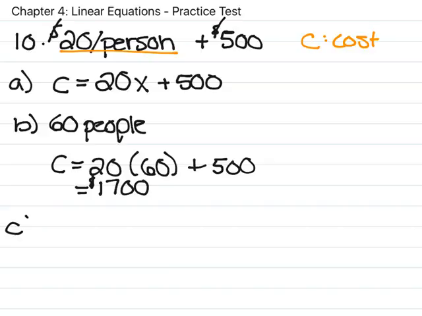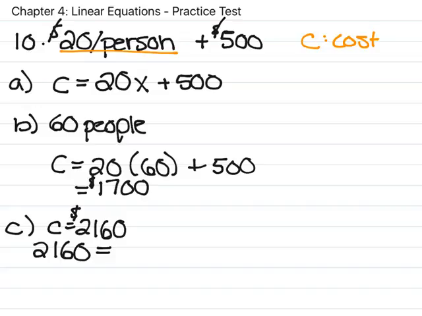For C, we're asked to suppose that the cost was $2,160, and we want the number of guests. So we would plug it in. 2,160 will equal 20x plus 500.